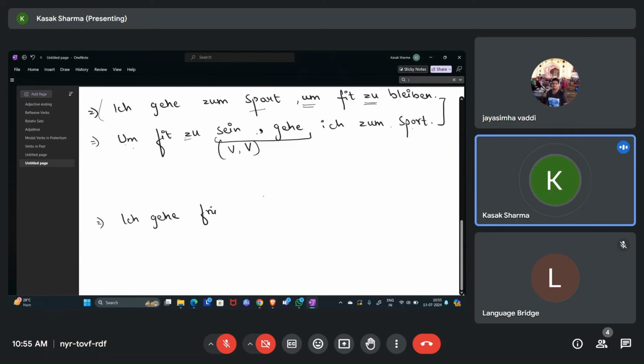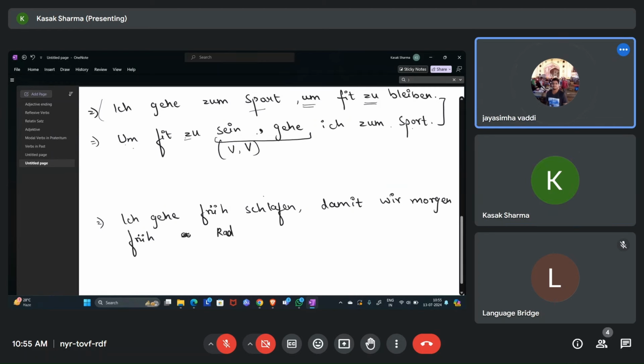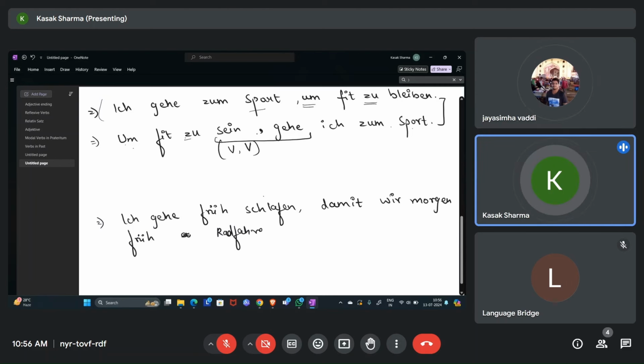Now coming to damit sentences: ich gehe früh schlafen, damit wir morgen früh Radfahren gehen können.